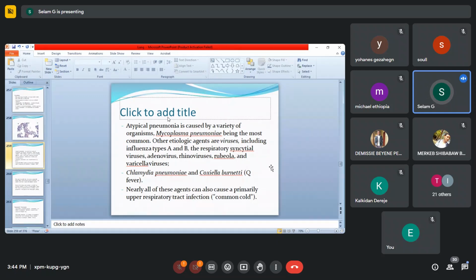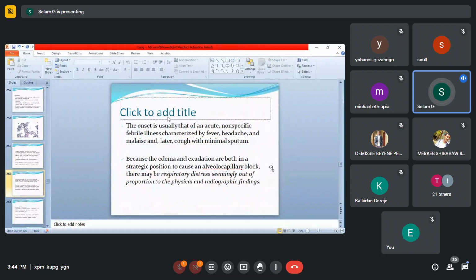Other etiologies are viruses, including influenza virus, respiratory syncytial virus, adenovirus, rhinovirus, and other organisms. Nearly all of these agents can also cause primarily upper respiratory tract infection, or usually they cause the common cold in many patients.